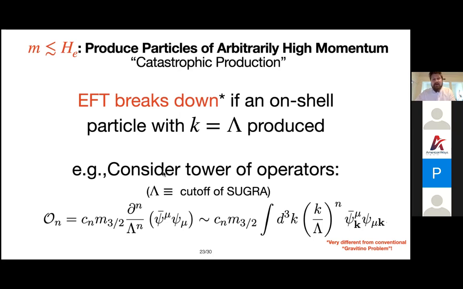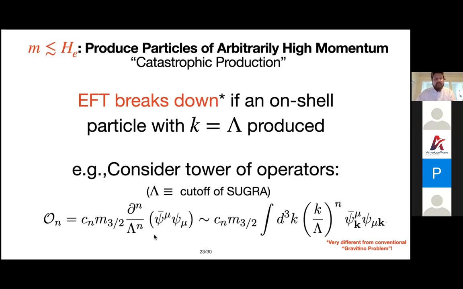Concretely, within the effective field theory, you can consider that there's some tower of operators which is suppressed by powers of the cutoff. Here the cutoff is of the supergravity model. And these come with the gravitino mass, because m_{3/2} is the order parameter for the breaking of the spin 3/2 gauge invariance.